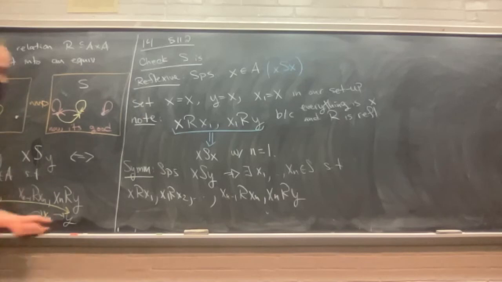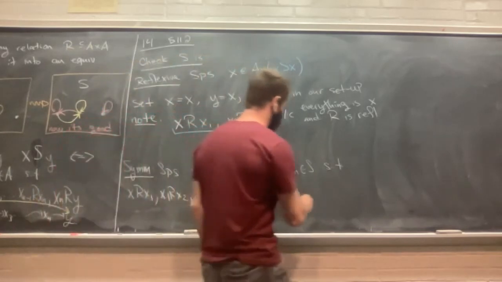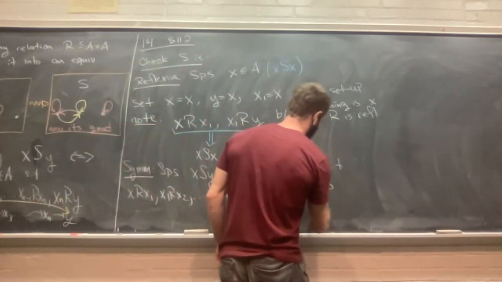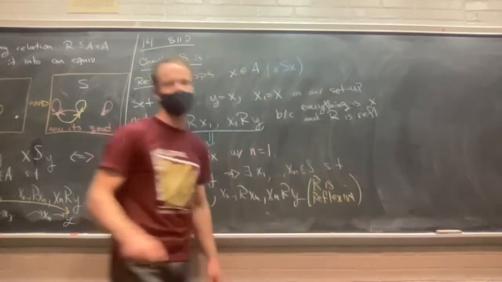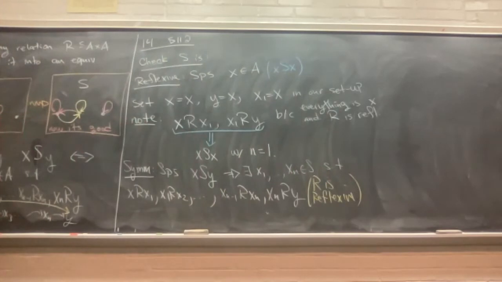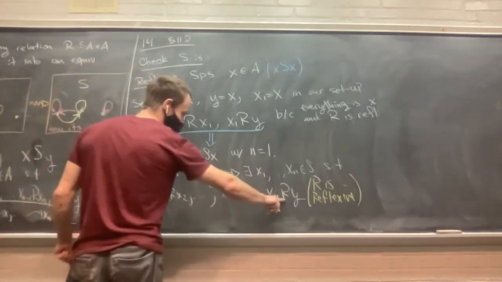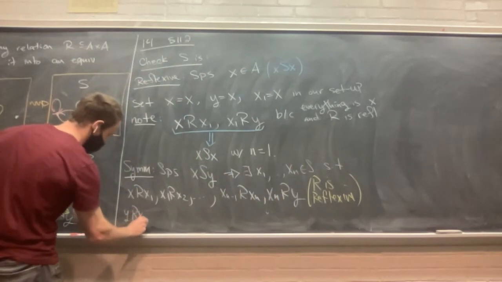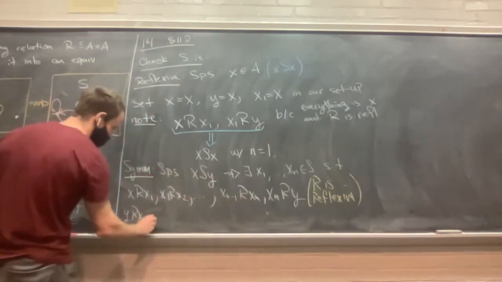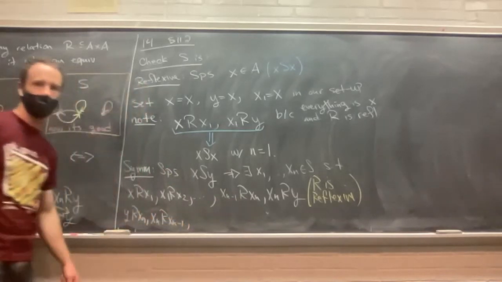But now we know that R is reflexive itself. So R is reflexive because, well, it was given to be reflexive, right? So that means we can just reorder this. So we can take this and write it over here as Y is related to Xn. We can take this and write it over here as Xn is related to Xn minus 1.